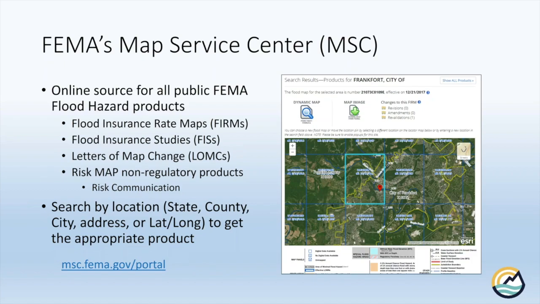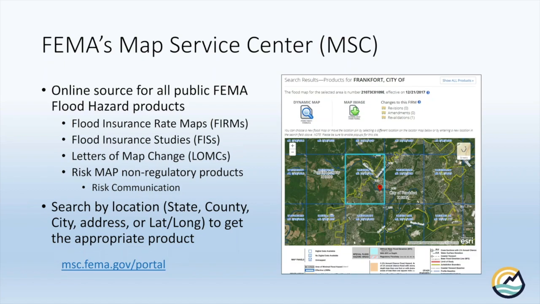Anytime the maps are found to be inaccurate or need to be changed, you can go and get the letters of map change that FEMA has issued saying, yes, this property's in, or no, this one's out. And then you can also get the non-regulatory products that are for risk communications in there as well. When you go to the Map Service Center, you can actually search a variety of different ways.